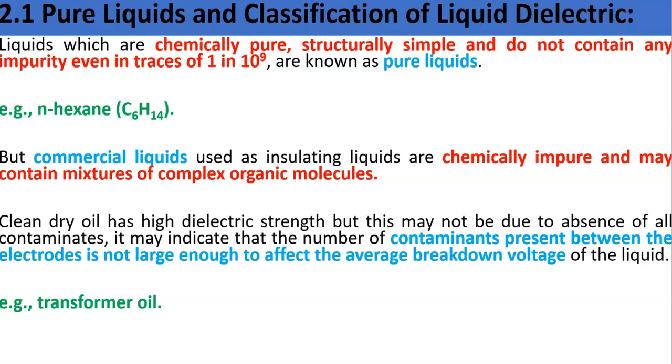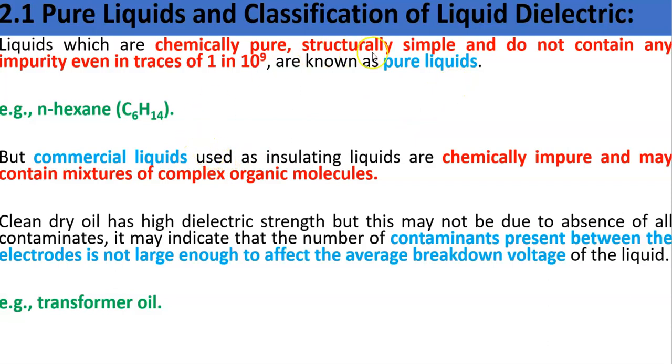We have just tested liquid, and you imagine that liquid in a test cell. When I say pure liquid, there is no impurity in the liquid near the electrodes, in the space between the two electrodes; volume is very important. So when you do not find any impurity even in a volume of 1 into 10 raised to 9, you will not get impurity, but somewhere else it might be there. So these are called pure liquids.